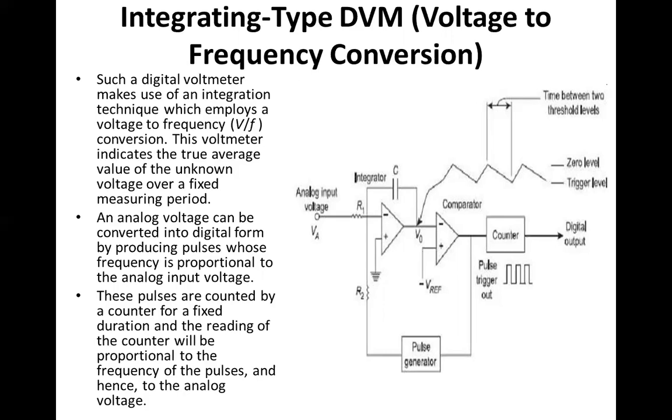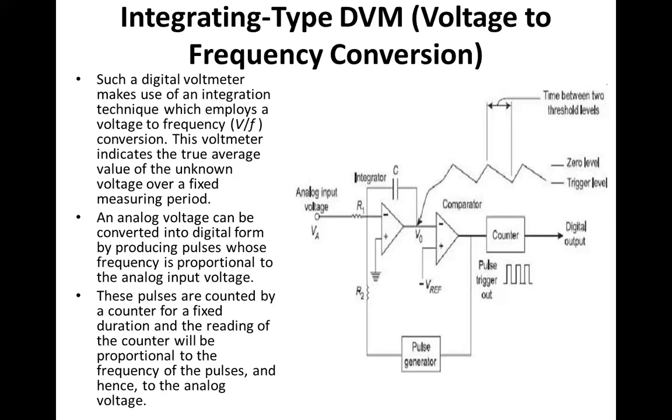A block diagram of a voltage to frequency ADC is shown in the figure. The analog input voltage VA is applied to an integrator, which in turn produces a ramp signal whose slope is proportional to the input voltage. When the output voltage V0 attains a certain value, that is a preset threshold level, a trigger pulse is produced and also a current pulse is generated, which is used to discharge the integrator capacitor C. Now a new ramp is initiated.